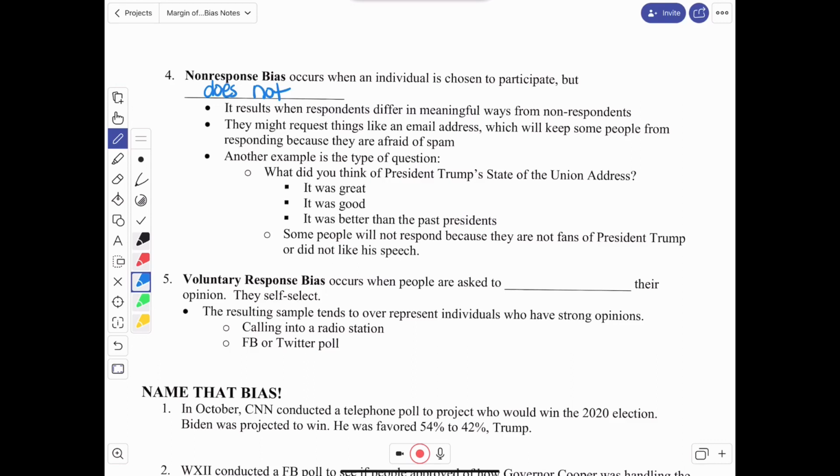Another example is a type of question like this, okay? So, what did you think of President Trump's State of the Union address? And then these are your answers. It was great. It was good. It was better than past presidents. Well, some people aren't going to answer that because they just don't like President Trump, and they think, well, I'm not going to answer that because I didn't like it at all. Or they just plain didn't like his speech.